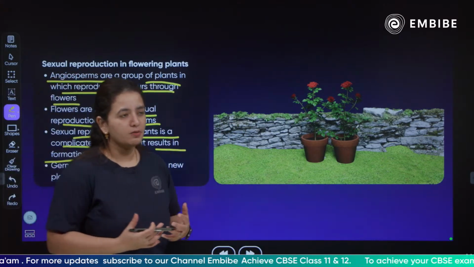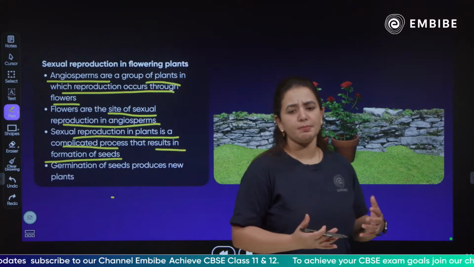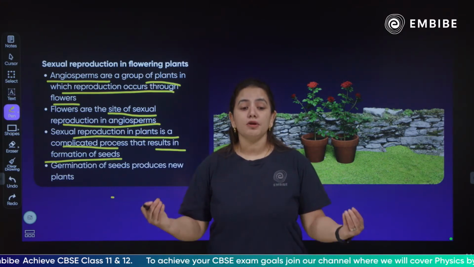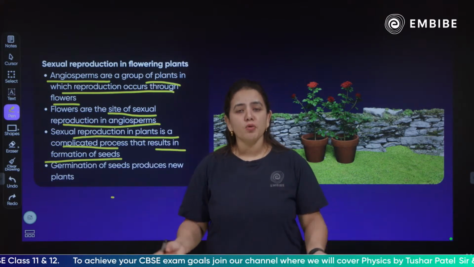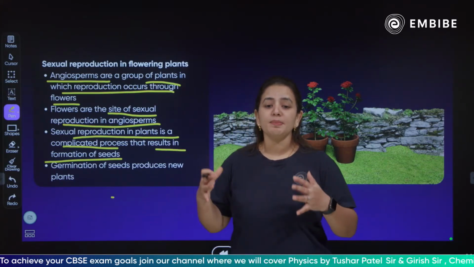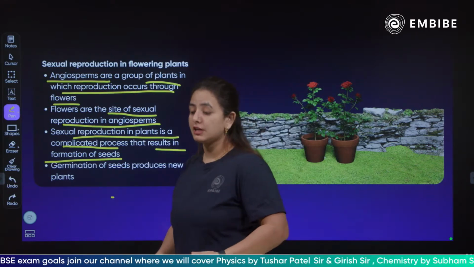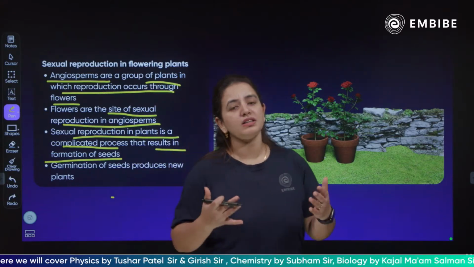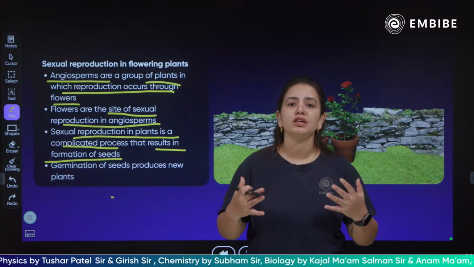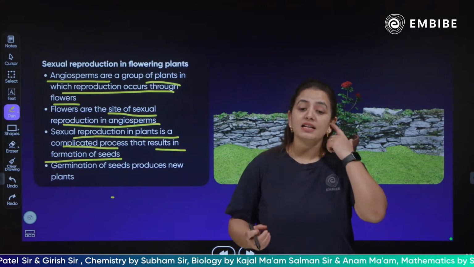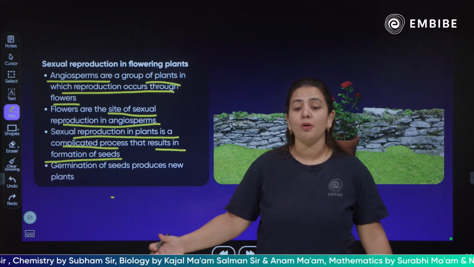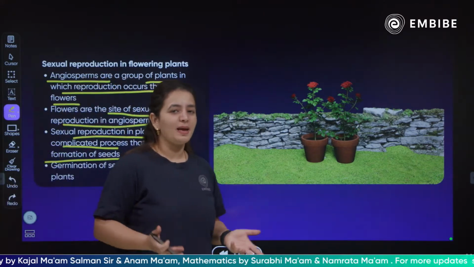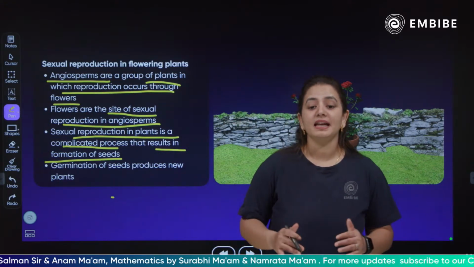After the fertilization events, after sexual reproduction takes place in the flowering plants, the result would be the formation of seeds, fruits, etc. So the main aim, the main agenda, for sexual reproduction to take place in the angiospermic family, the flowering plants, is basically the formation of the seed, and that is a very complicated process, because in the coming topics you will understand this is not easy. This is the very first class, a very basic introduction we will be talking about today, but yet it is difficult.